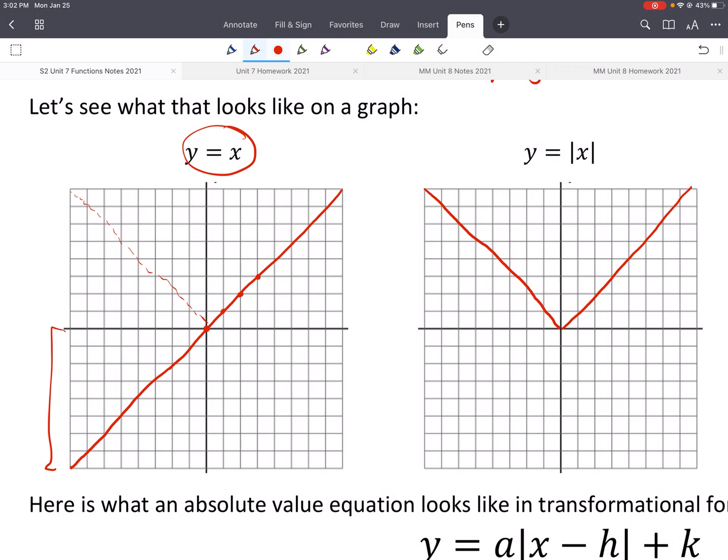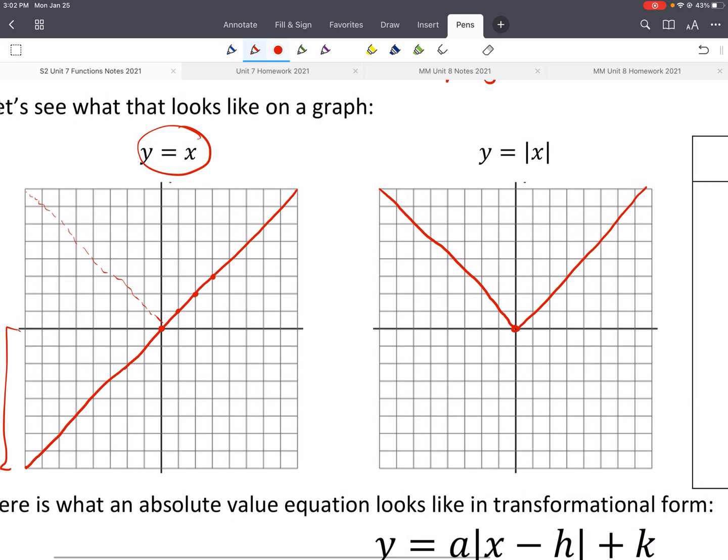So the parent graph of an absolute value function is a V. Its shape is V-shaped, and its vertex, we can still call it a vertex as we did with our quadratics, is at 0, 0, and then it has this slope that is constant.